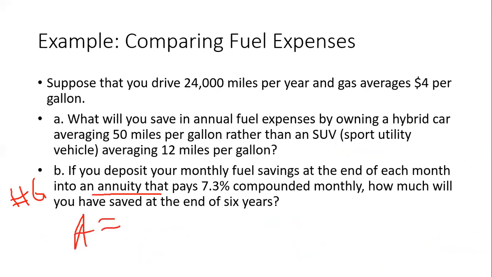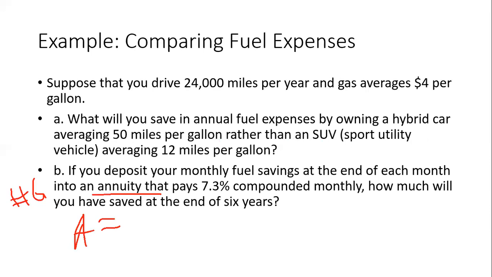A equals P. And here we don't know our P. The P is the amount that we're depositing every month.